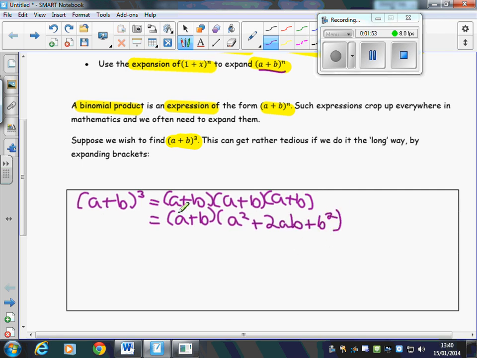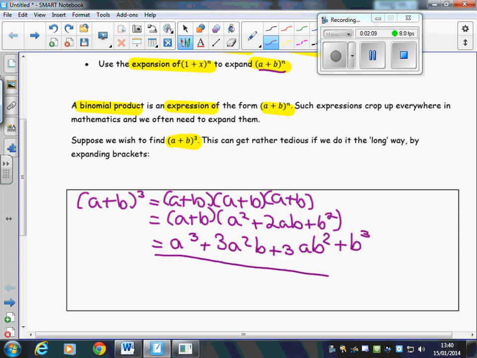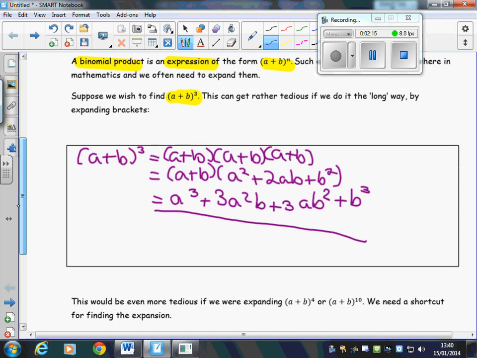Now I need to expand it out with this bracket as well, so I'll get a cubed plus 3a squared b plus 3ab squared plus b cubed. Now I've got this from expanding out these two brackets and collecting the like terms, so it does take even longer than what it just has.